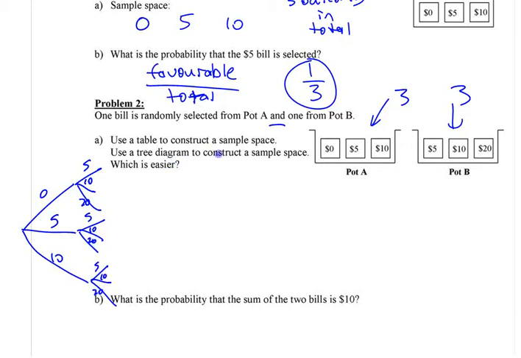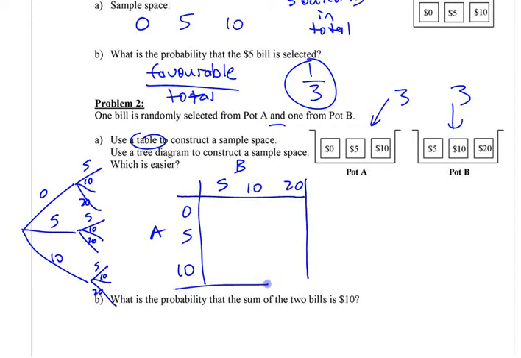My guess is that you'd think the table is easier. I think it is. If you make the table for this thing, this is A, this is B. Put the numbers there, 0, 5, 10, 5, 10, 20. Your table shows what all the possibilities are, and it shows pretty clearly there's 9 outcomes there, right?